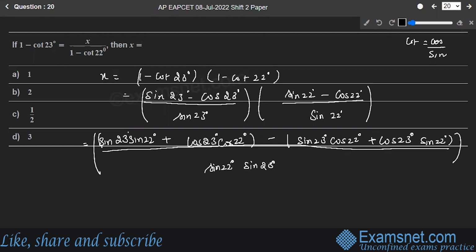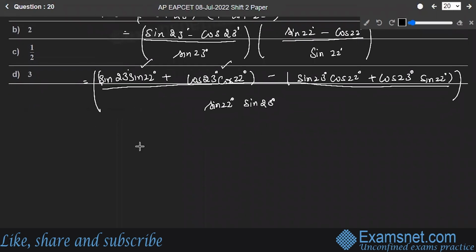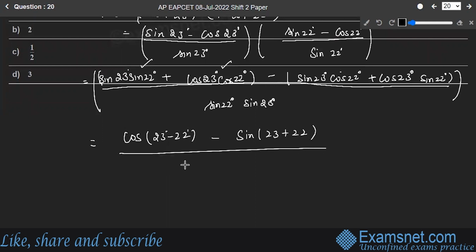Right? So now, see, this is sine A sine B plus cos A cos B. This is the formula for cos A minus B, that is cos 23 minus 22 degree. Minus, this is sine A cos B plus cos A sine B. This is the formula for sine A plus B. Whole divided by sine 22 into sine 23. This is equal to cos 1 degree minus sine 45 degree, right?